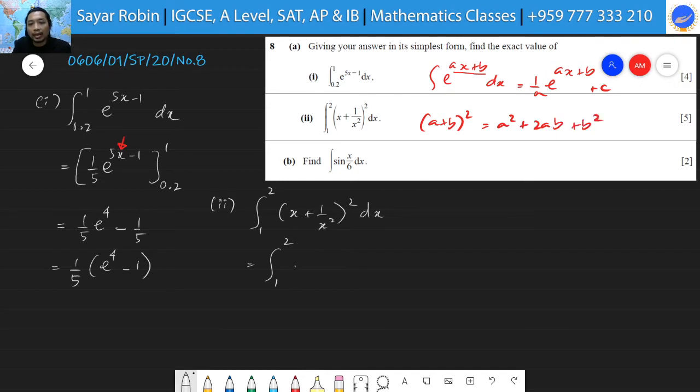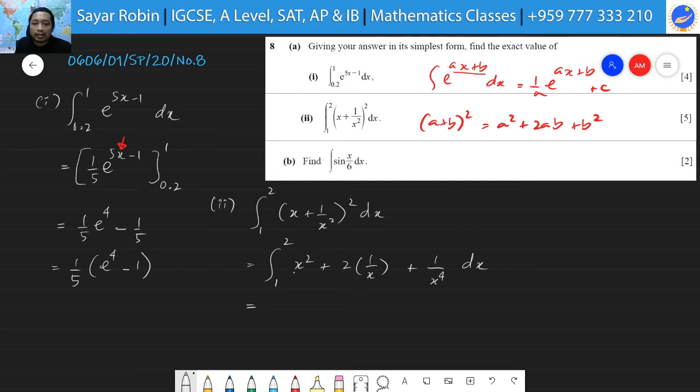So x squared is a squared, and then plus twice the product of the two terms: x multiplied by 1 over x squared is 1 over x, so that's 2 times 1 over x. And then plus 1 over x squared, the whole squared, is 1 over x to the power 4, and then dx.